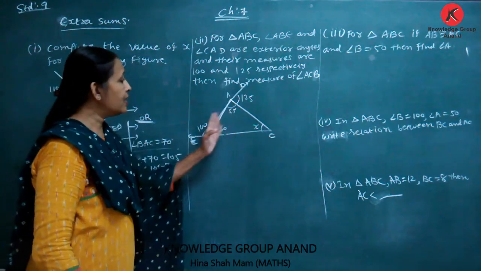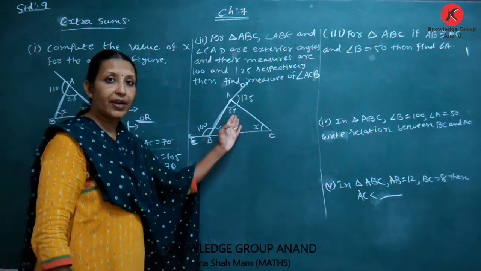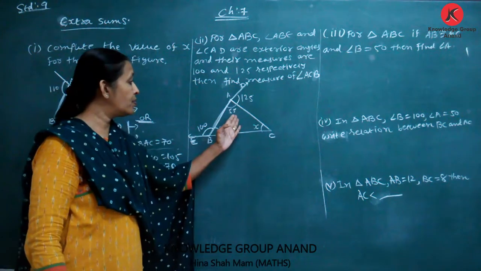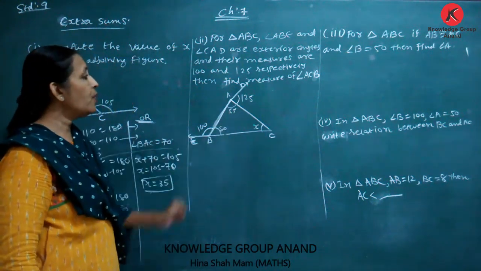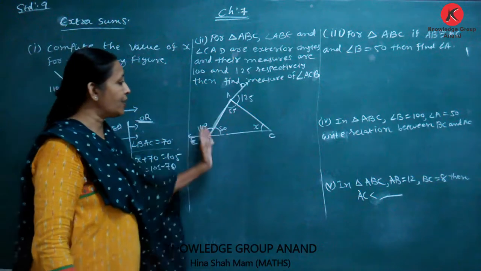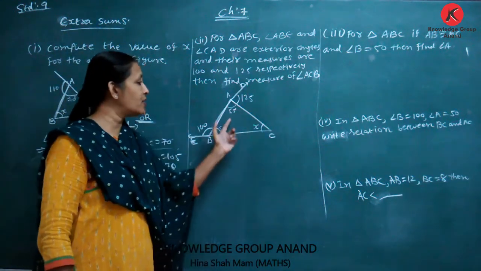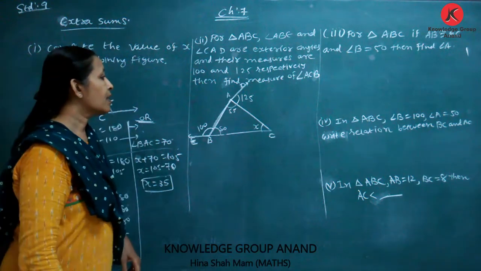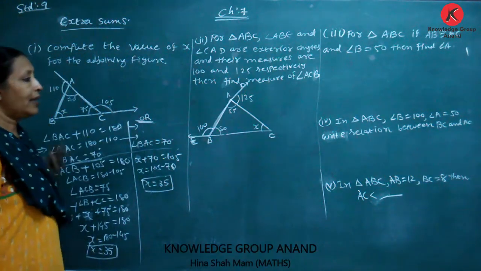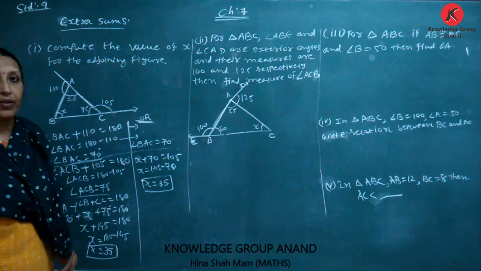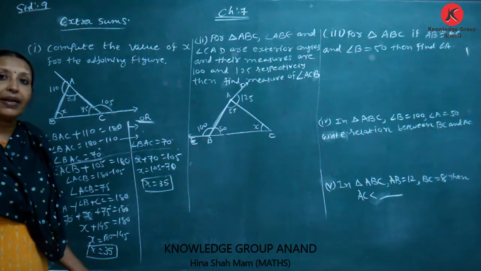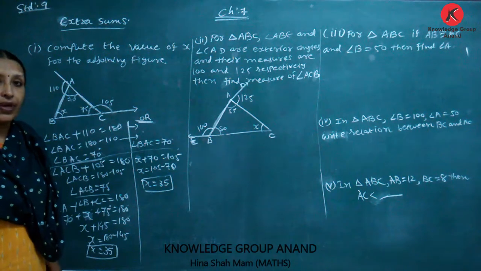Then this angle is 80 plus 55, 135. 135 is subtracted from 180. 80 plus 55 plus x. Then x is equal to 180 minus 135, so x is equal to 45.